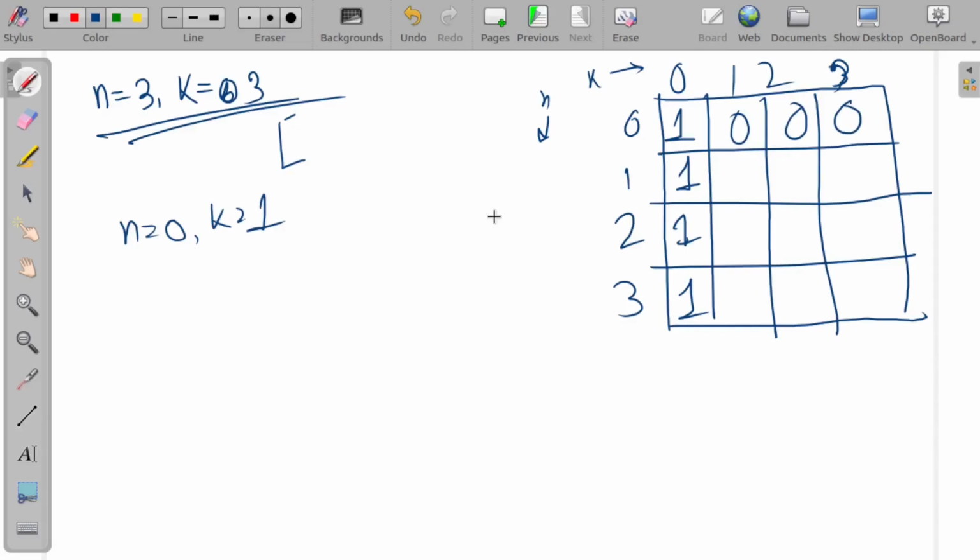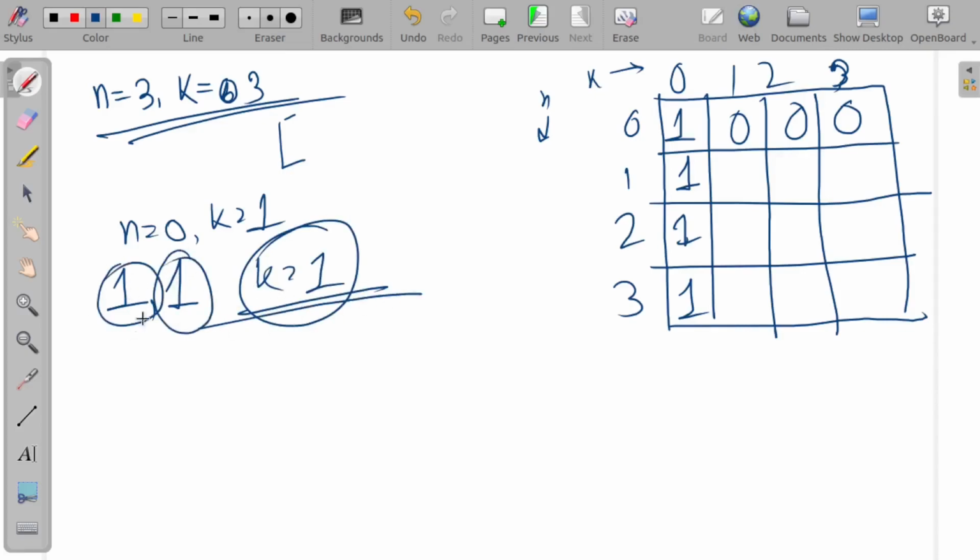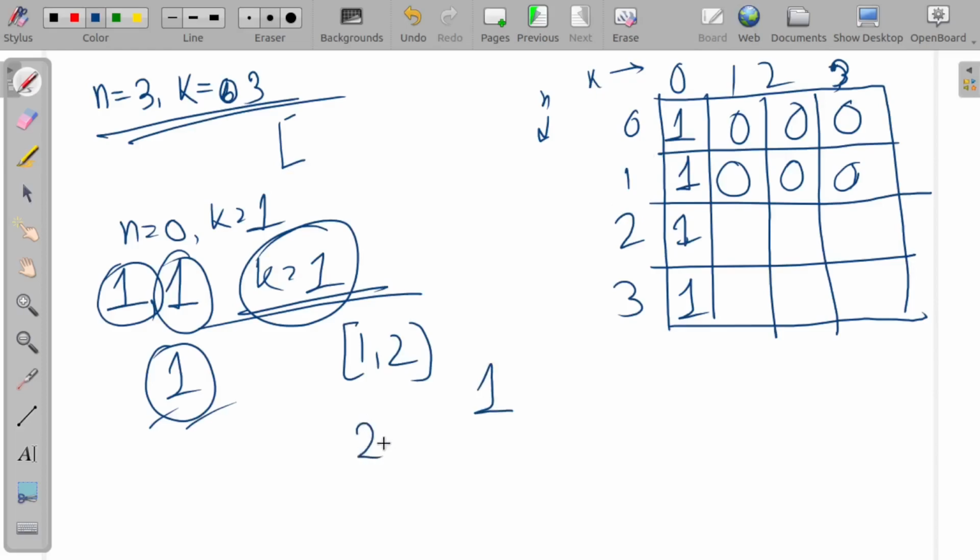When n is 1 the number is 1, and one value is present; with k equal to 1, that is not possible because a single number cannot make a pair, so that is 0. After that, for n equals 2, with 1 inverse pair, that is possible: 2 1, so that is 1. And for 2 and 2, that is not possible, so 0.